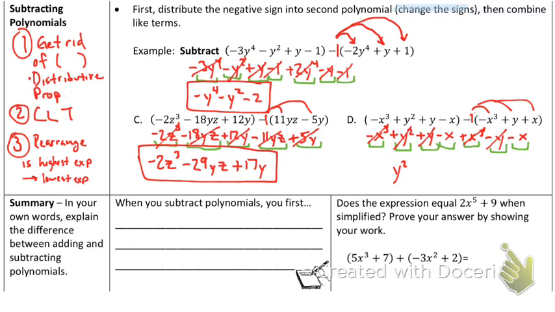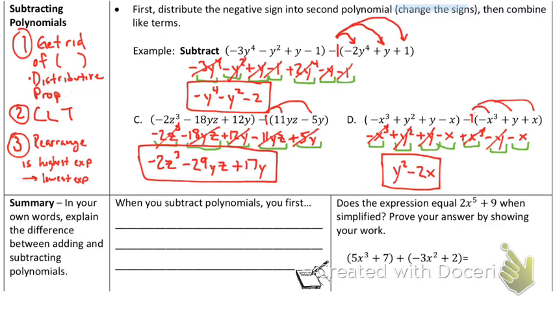That gives me negative 1 and negative 1. That's going to give me a negative 2x. And it is already in the correct order. So this would be our final answer.